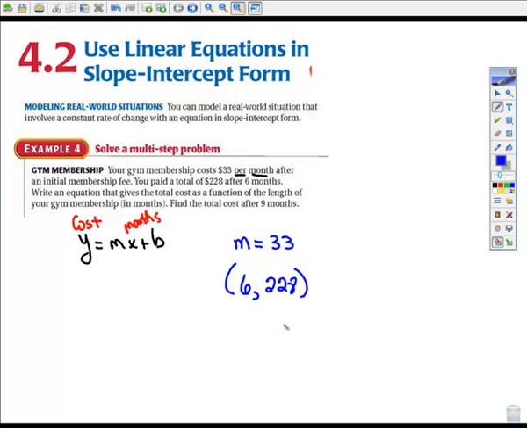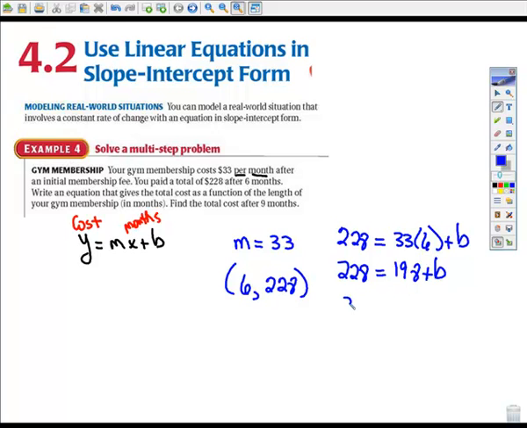Well, now this takes us right back to the problems that we did yesterday. So I can go ahead and find the equation by going y is 228. That equals m, 33 times x plus b. So 228 equals 198 plus b.